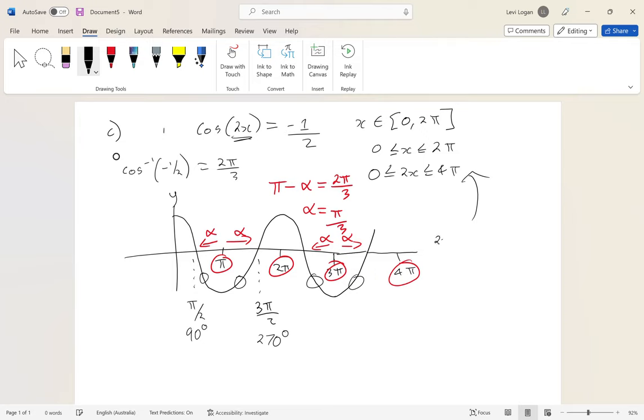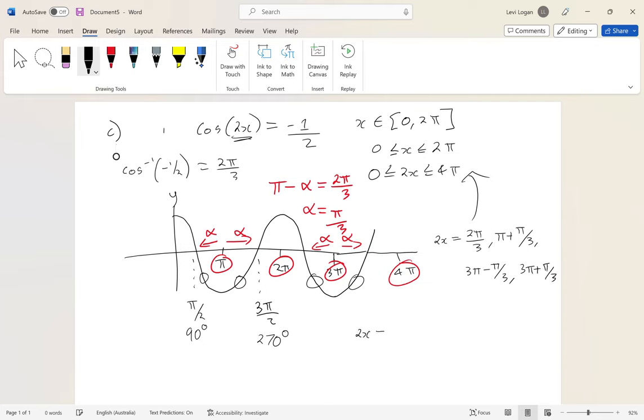So 2x is going to be equal to 2 pi over 3, and it's going to be equal to pi plus pi over 3. It's also going to be equal to 3 pi minus pi over 3, and 3 pi plus pi over 3. So I'm just going to rewrite this down here.